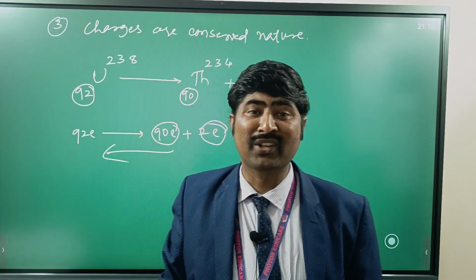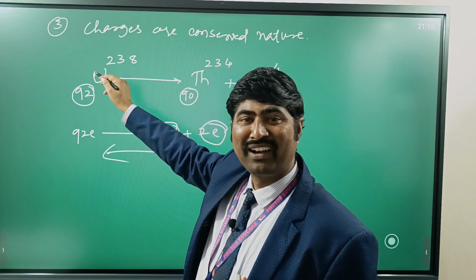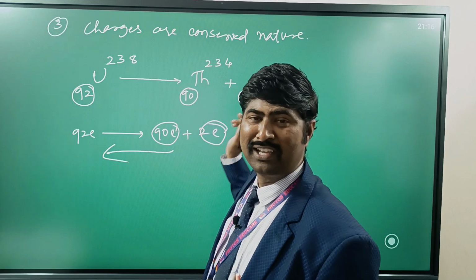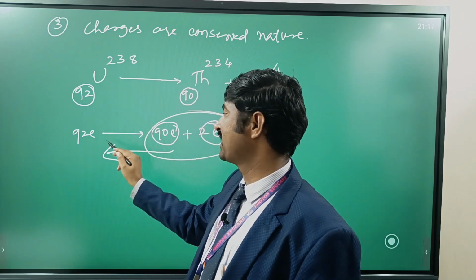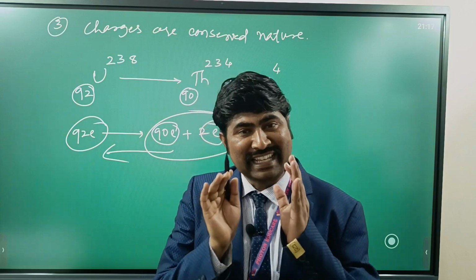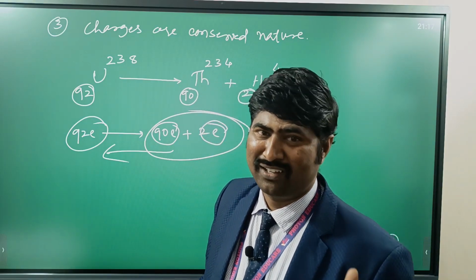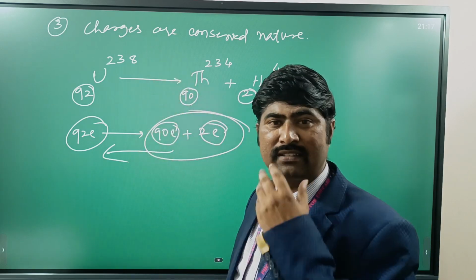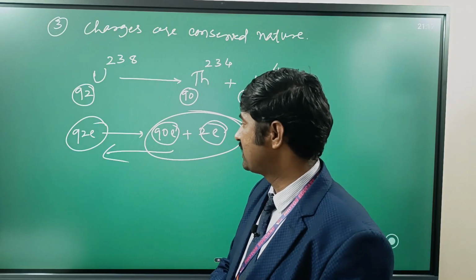So electrons were transferred from uranium to thorium, and to helium. If you add the total number, you get the same number of electrons. It clearly indicates that electrons are not possible to create and not possible to destroy. In general, we say charges are conserved in nature. It is not possible to create or destroy the charges.